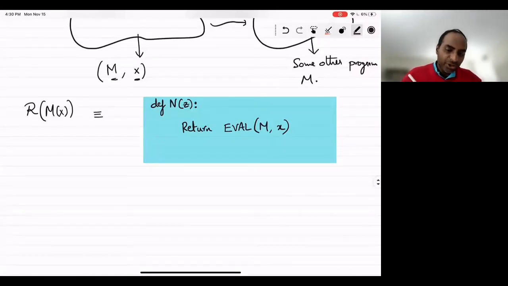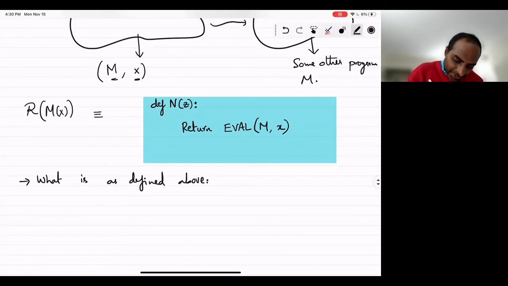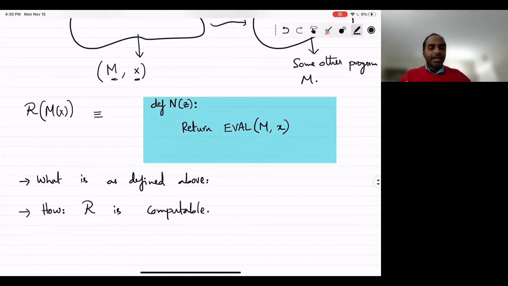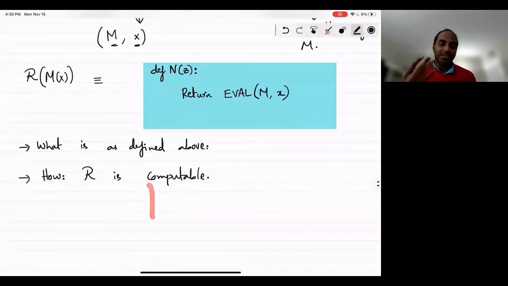And the first thing to check is, we kind of got the what, but also let's see how. So we need to argue that R is computable. We're just going to use our cake principle here, meaning it suffices to show that R can actually be written up, can be computed in some programming language.